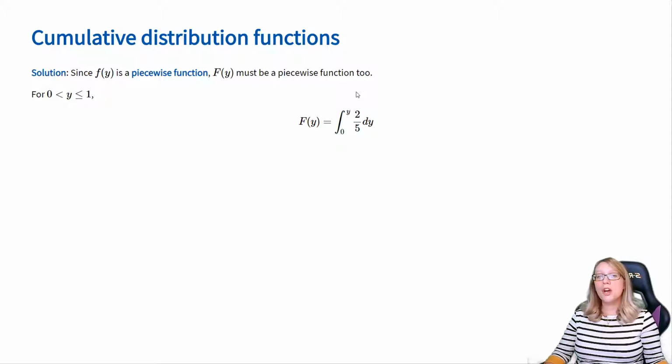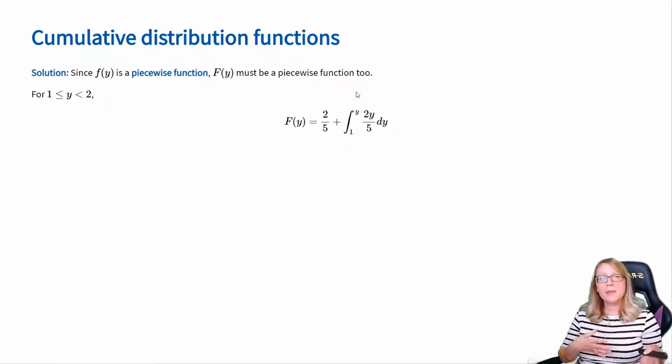So for 0 less than y less than or equal to 1, we'll find the PDF in that range. So capital F of y is the integral from 0 to y of 2/5 dy, or the CDF is 2/5 times y.